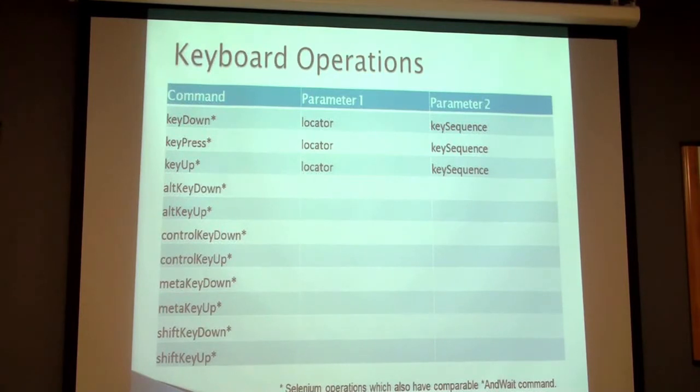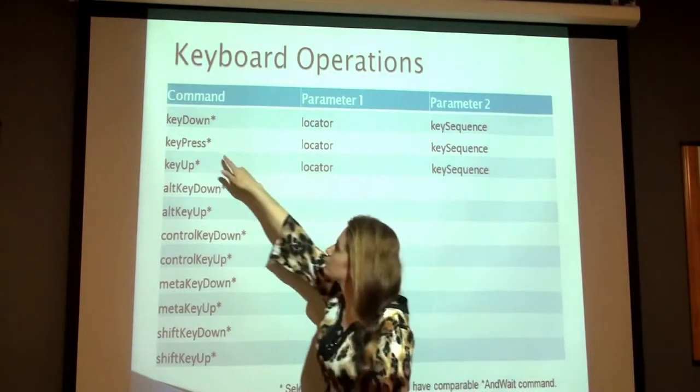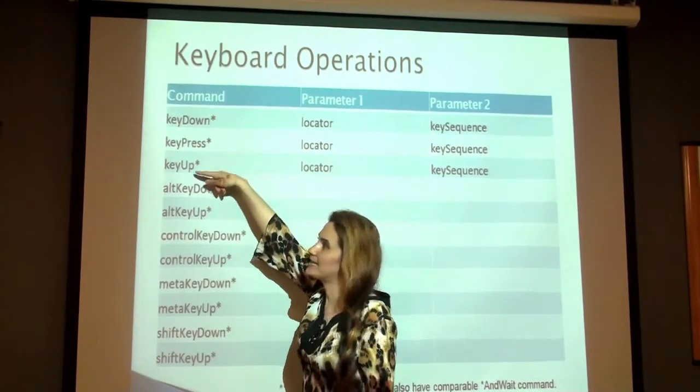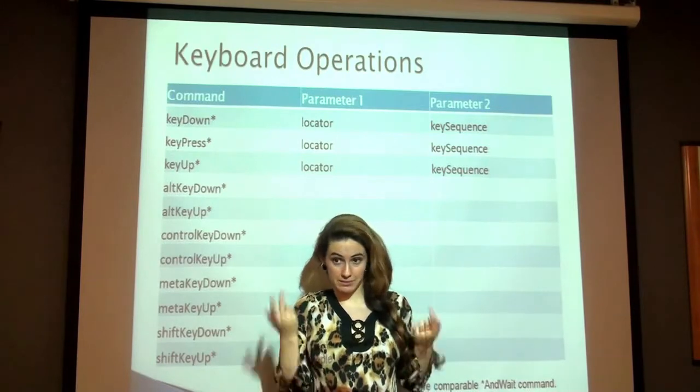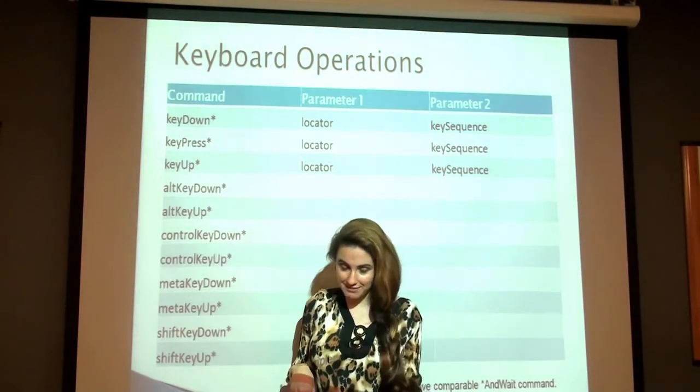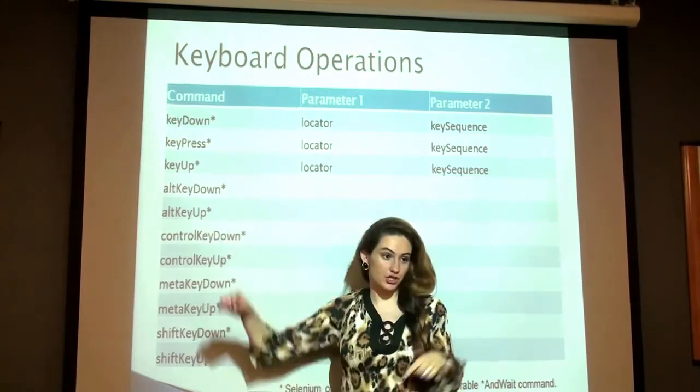Or if you hold down the shift key, then something else happens on the page. So basically this is a way to simulate either a key press or a key down and key up. Now, a key down and key up are a pair, right? What goes down must come up. So if you pressed it, remember to unpress it eventually.